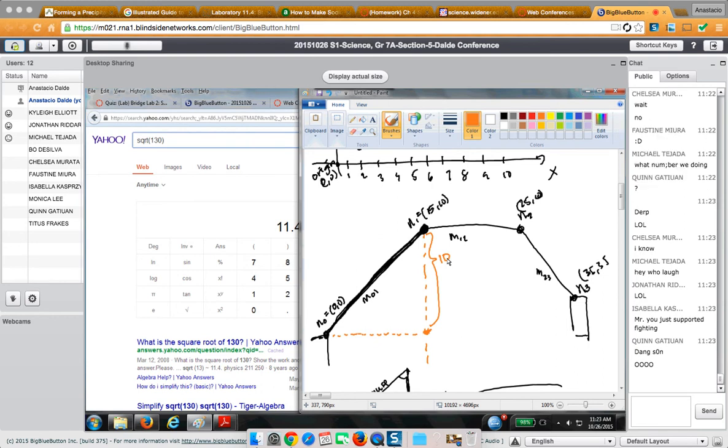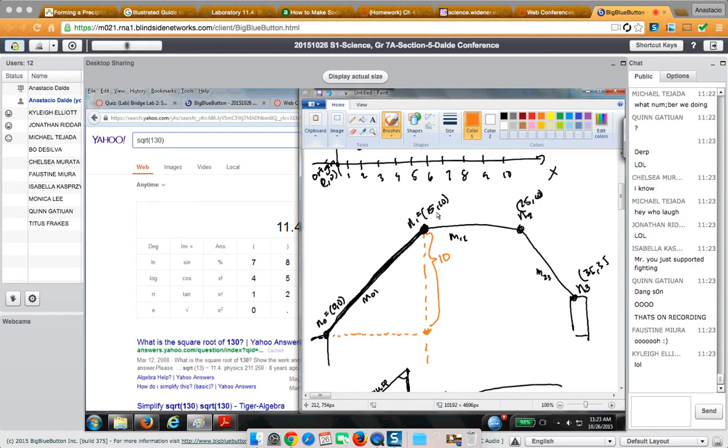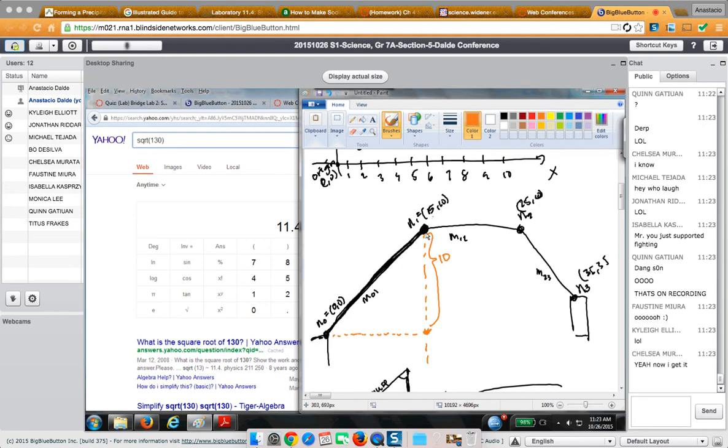This height is 10. The reason being is because, look, over here you started at 0, 0. The first 0 is the x, the second 0 is the y. Over here you ended at 15, 10, which means the y value is 10 and the x value is 15. But I asked you, what is the difference of height?